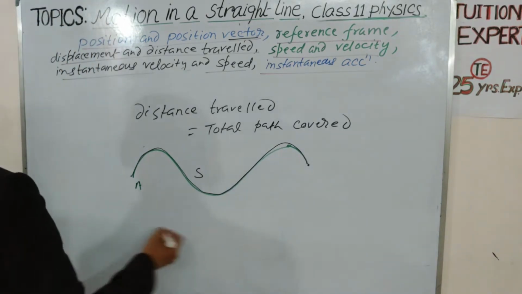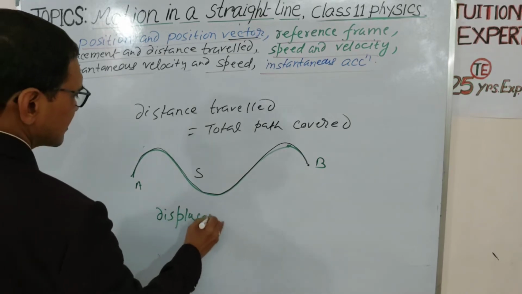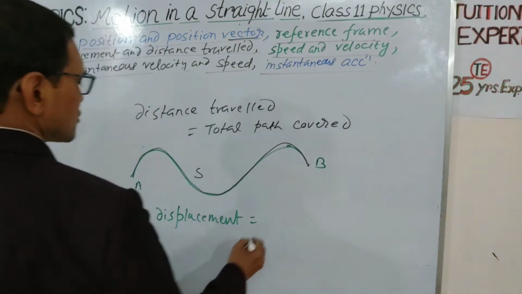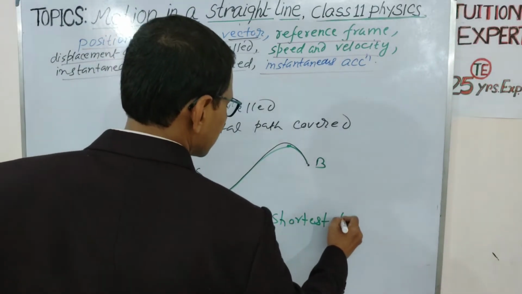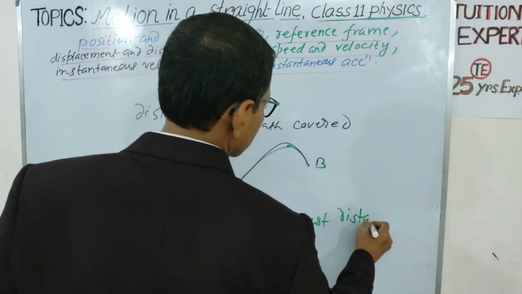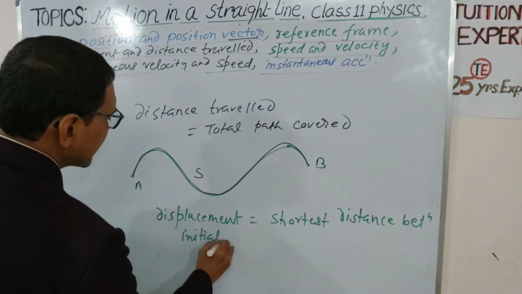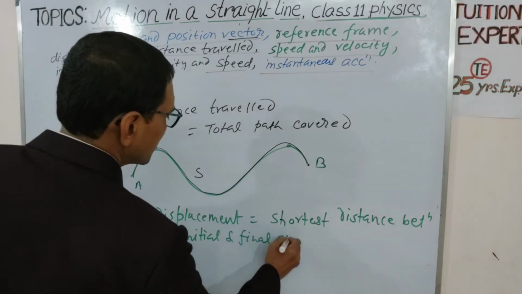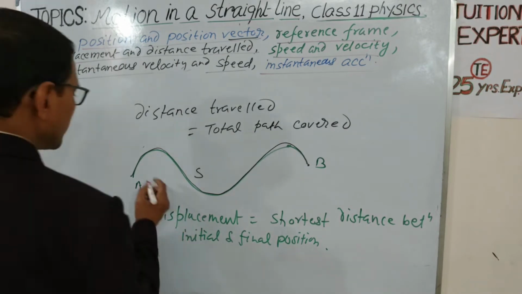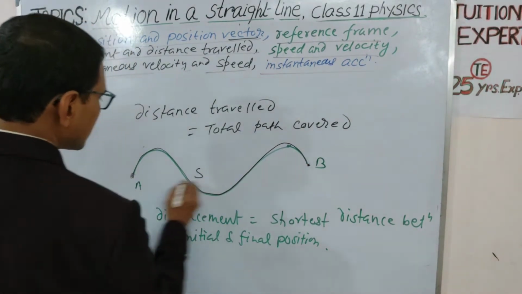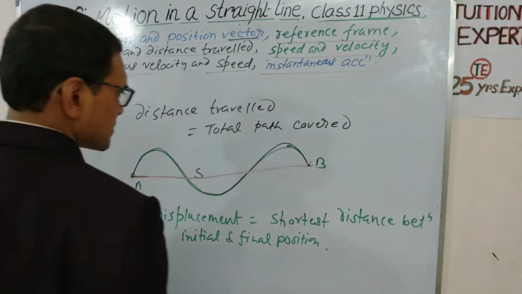And displacement equals the shortest distance between the initial and final position, that is, this A to B. This is initial, this is final. So the shortest distance, if we join this line, this is the displacement. AB is displacement.